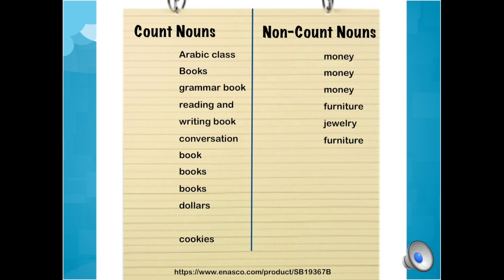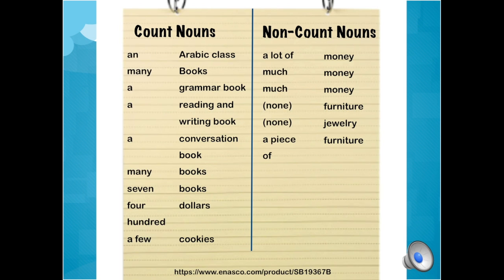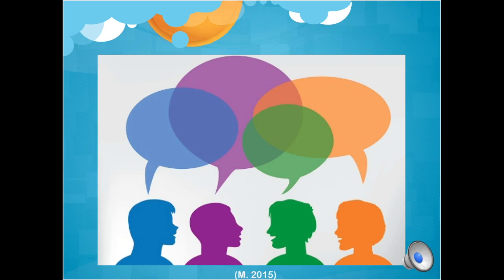Have your students work in groups to sort the nouns into two categories, count nouns and non-count nouns. Then have them list the words that were before each of those nouns. Finally, guide your students in a discussion about summarizing what they noticed.